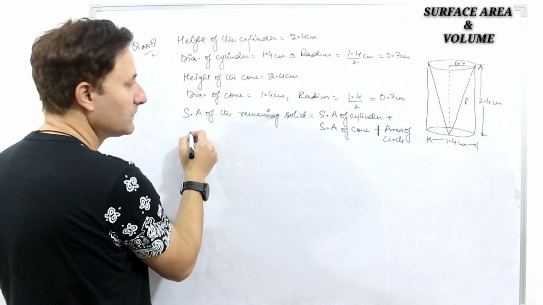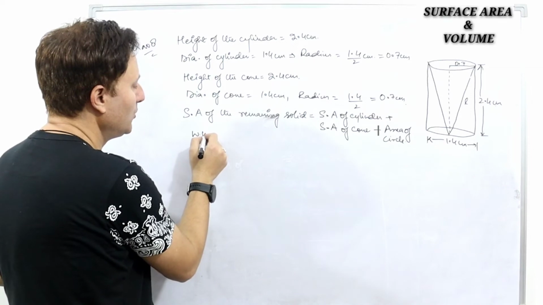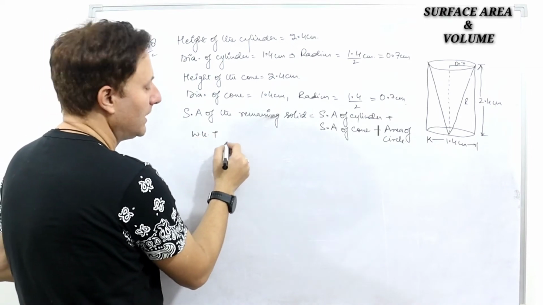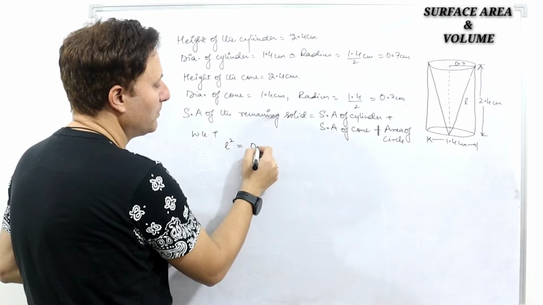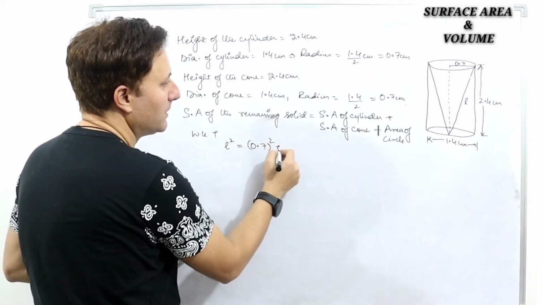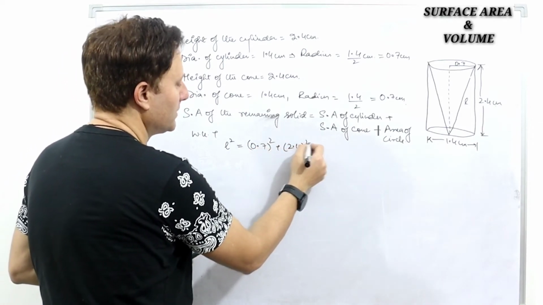So we know that L square is equal to 0.7 square plus 2.4 square.